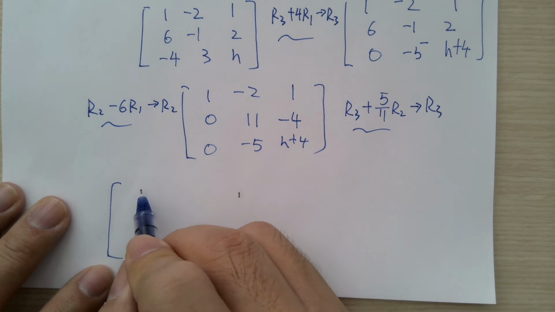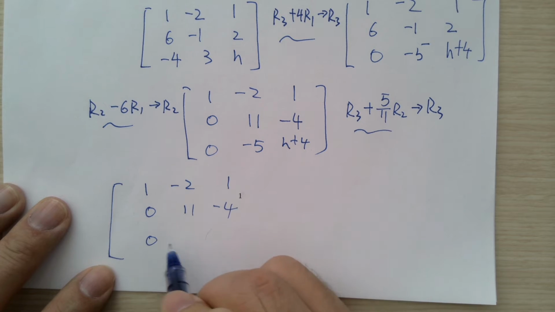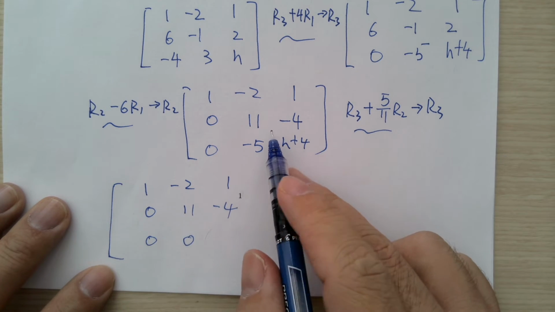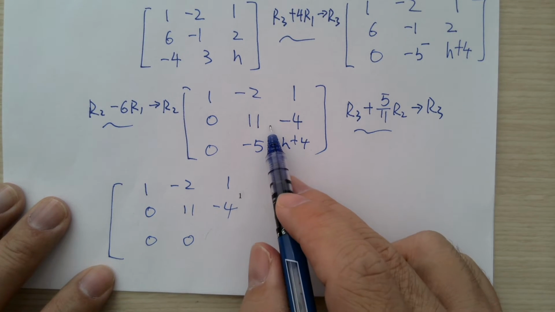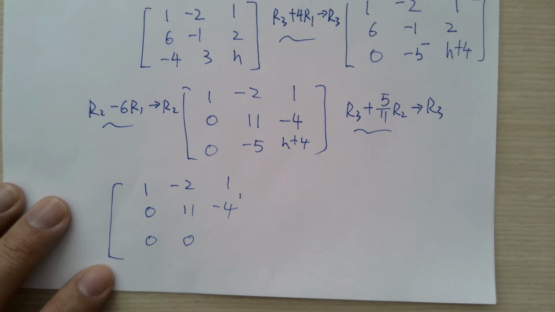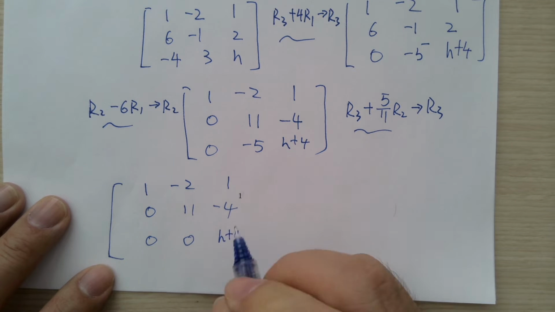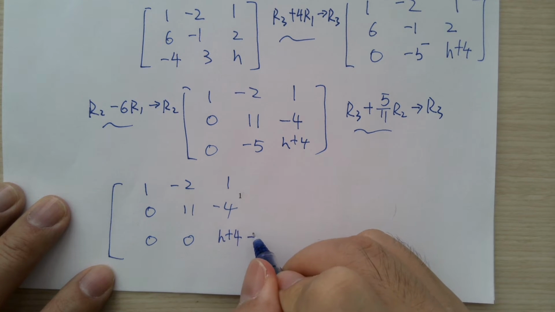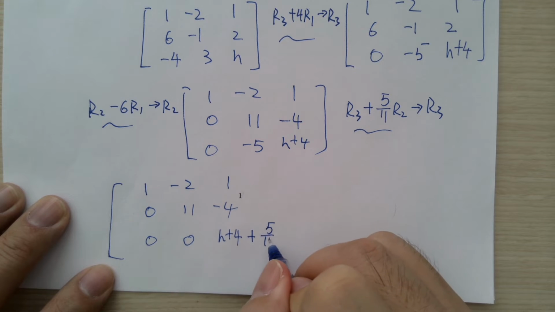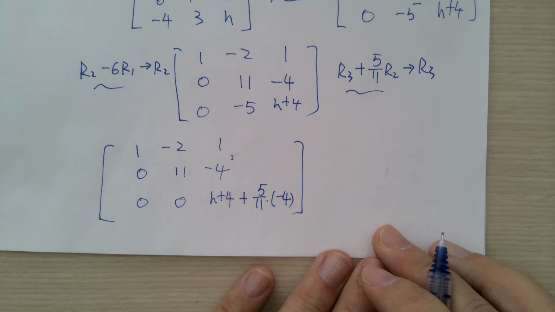So this part is going to become 0, right? 5 over 11 times 11 is 5, adding them together is 0. So this piece is going to become h plus 4 plus 5 over 11 times -4. Okay, so that's what we have.